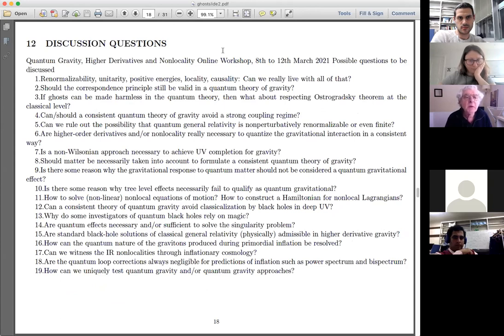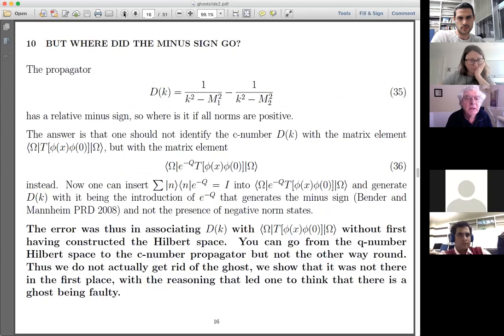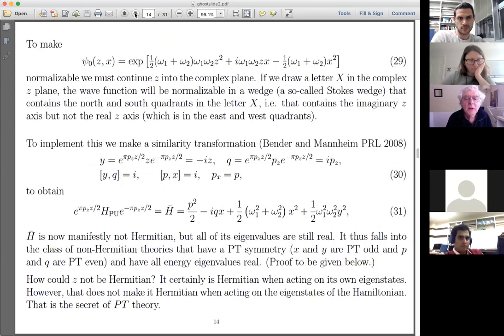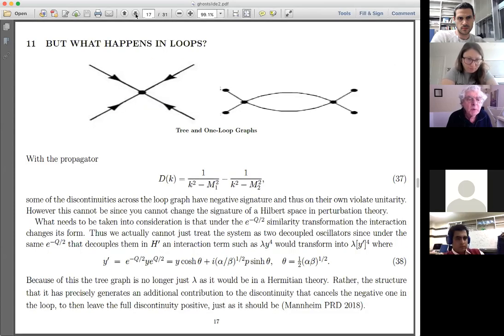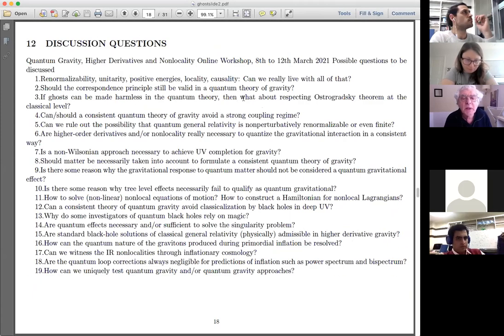Yes, but you have to do what I just did. You have to make this rotation, wherever it is, in the complex plane. So you make a similarity transformation in the quantum theory and a symplectic transformation in the classical theory, and then you can have a correspondence principle.